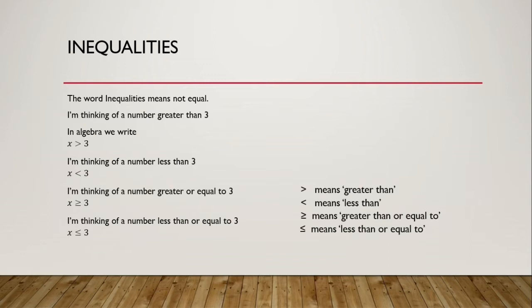So we covered what a variable is, a term, an expression, an equation, an identity, a formula, and an inequality. All of these definitions and examples, you must write them down, and you must know what they all stand for and what they all mean.